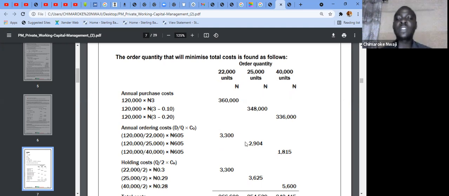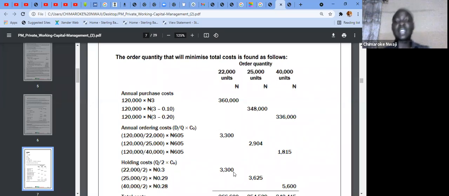So 2,904 plus 3,625 gives you 6,529, which seems to be lower than 6,600. Yes, I did it well. Then the other one is 1,815 plus 5,600, which gives you 7,415.